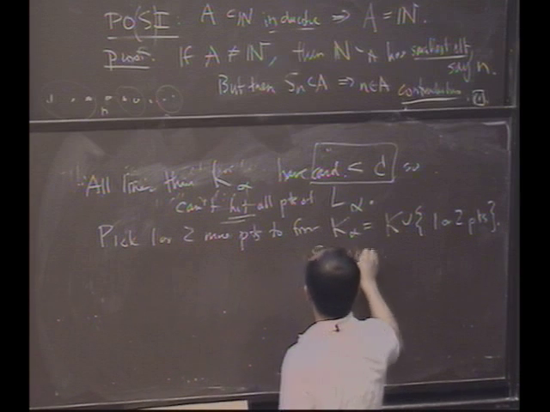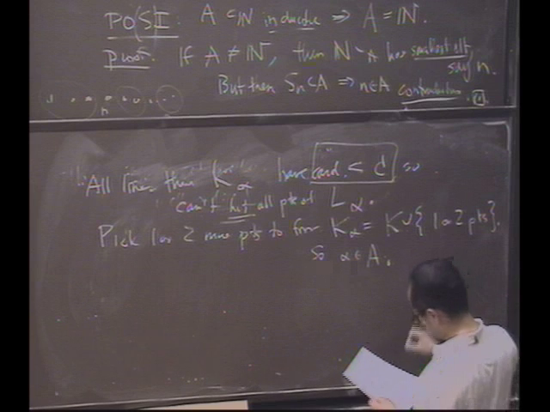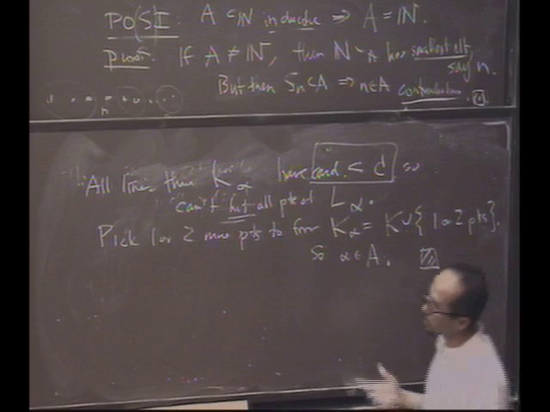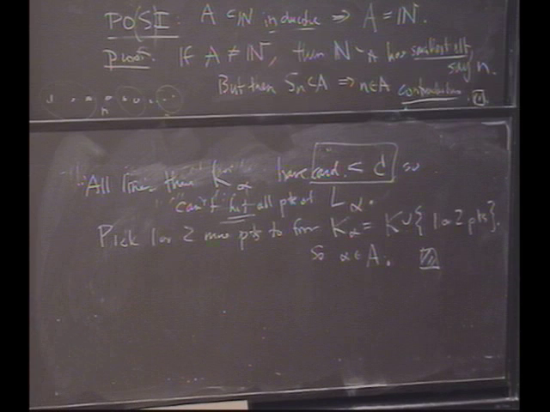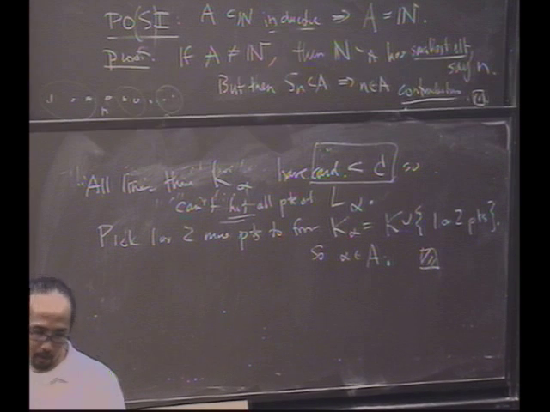So alpha is going to be in A, and we're done. So the end construction is, let's just look at the union of all the K alphas for every alpha, and that will be the set that passes through every line twice.